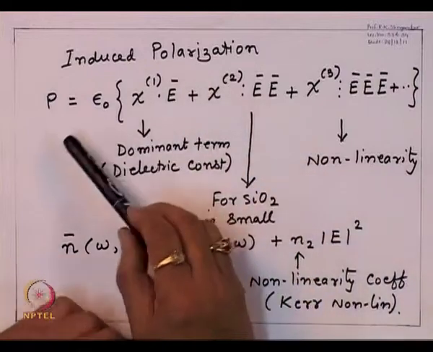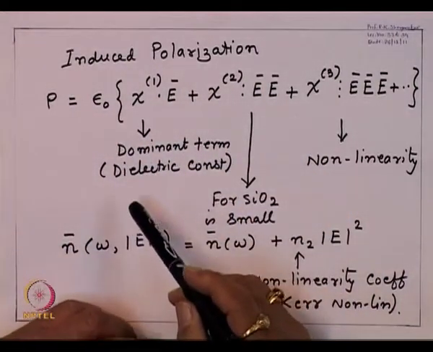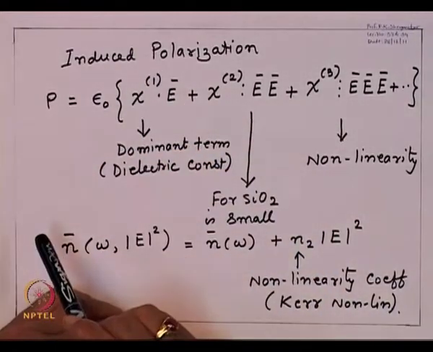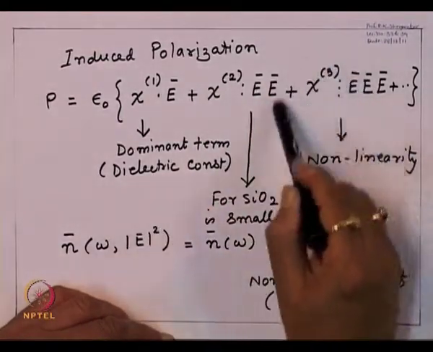We showed that in general the induced polarization inside any material has a component which is the first order susceptibility. We also have a component due to second order susceptibility and third order susceptibility and so on.